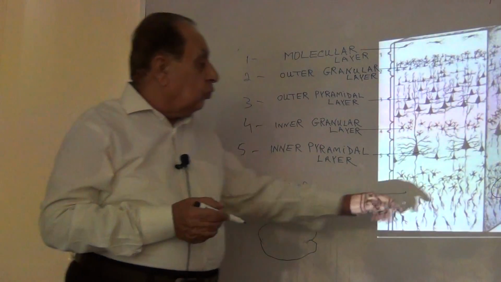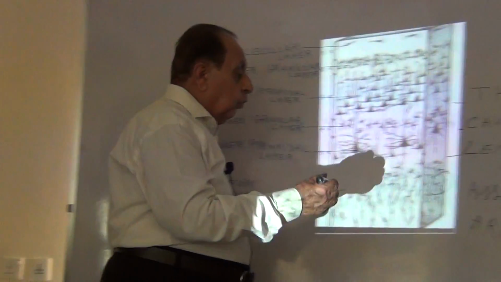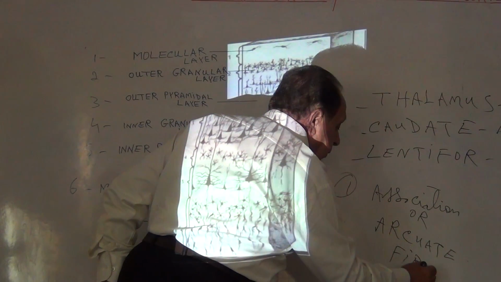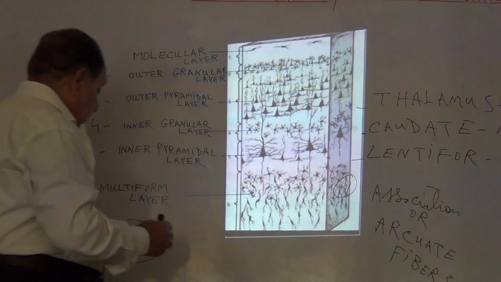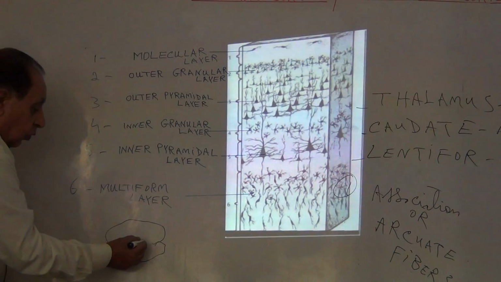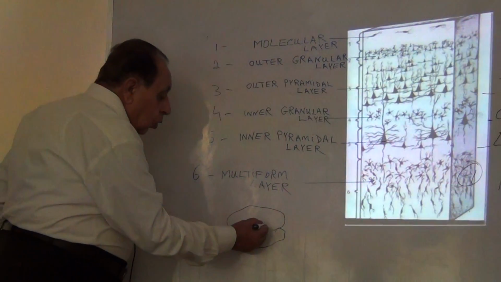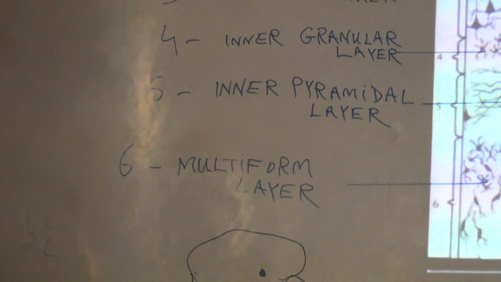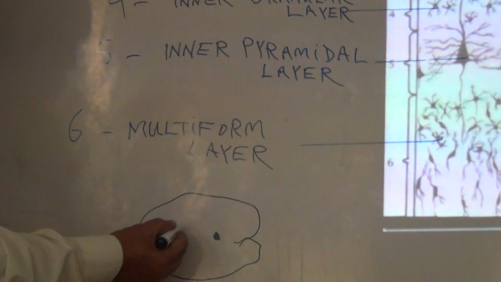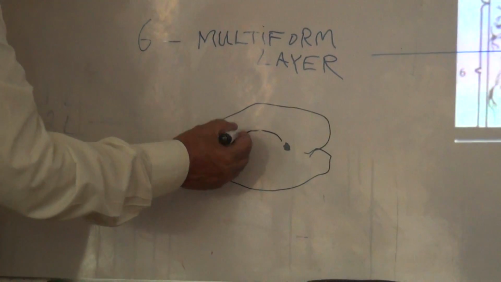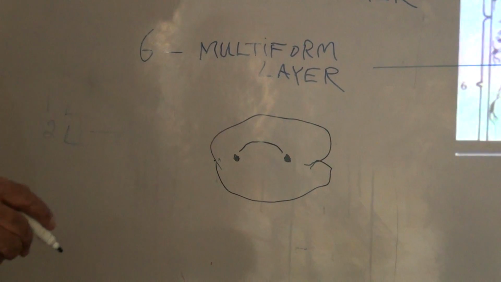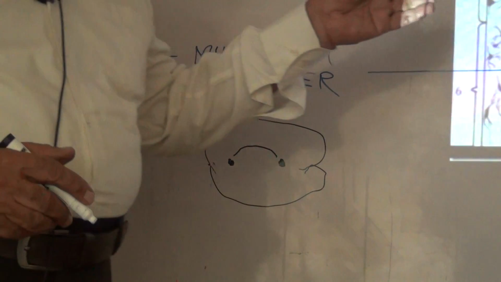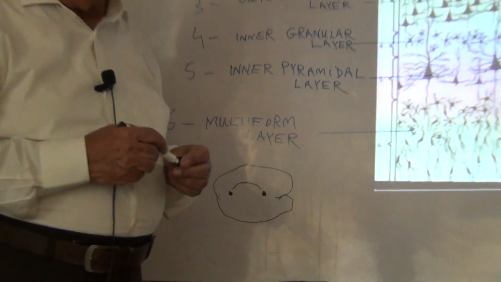These association fibers are arcuate fibers. They move from one side of the same cerebral hemisphere to the other side of the same cerebral hemisphere. These type of fibers are called association fibers or arcuate fibers.